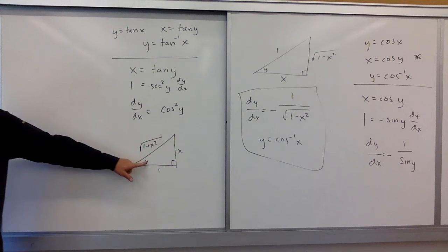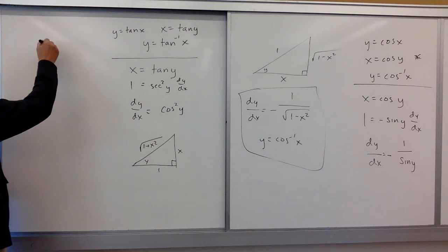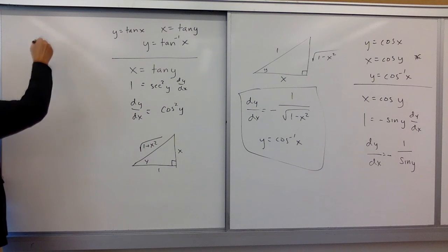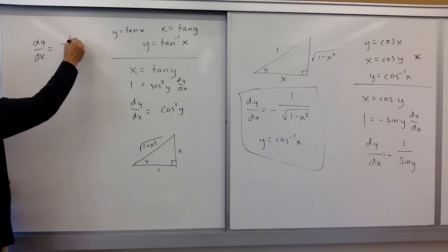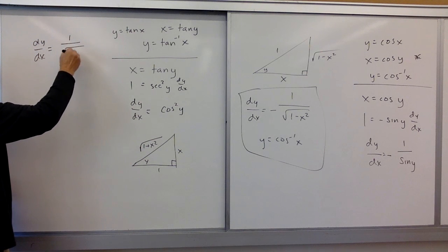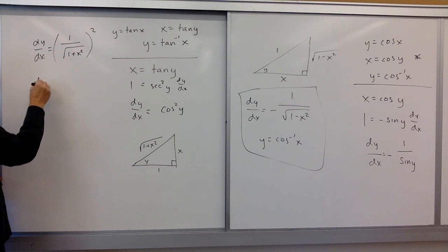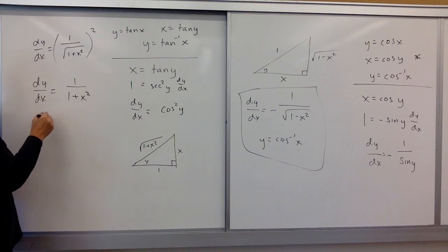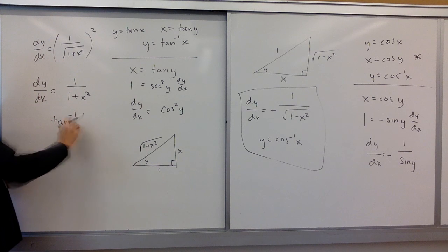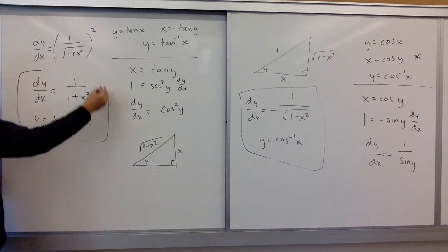So the cos of y is the adjacent over the hypotenuse. So we're going to say dy/dx equals 1 over root 1 plus x squared, squared, or dy/dx is 1 over 1 plus x squared, or y equals the inverse tan of x.